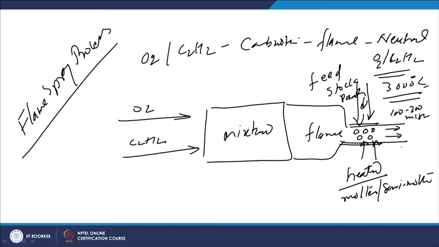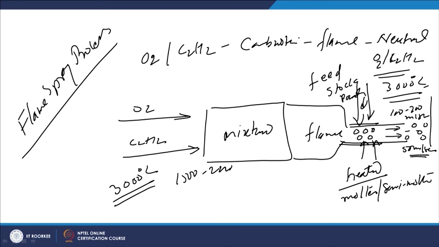The particle velocity will increase, maximum up to 50 meters per second, and then these will impinge on the surface of the substrate to develop the coatings. So, in this process, the maximum flame temperature is around 3000 degrees centigrade, while the particle temperature is limited to about 1500 to 2000 degrees centigrade, and the particle velocity is very limited, like 10 to 50 meters per second.